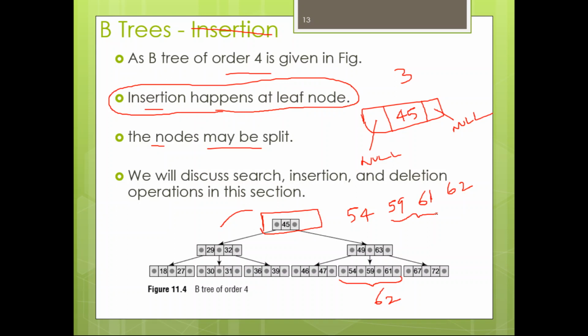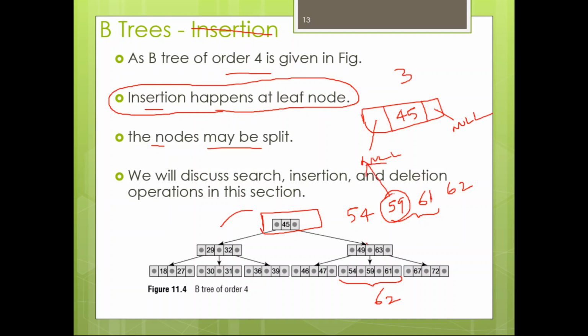Here there are 2 median elements. If the count is even, there will be two median elements. If the count is odd, there will be only 1 median element. In case of 2 median elements, you can take any one of them. Say you take this median element and push this node value to the parent.